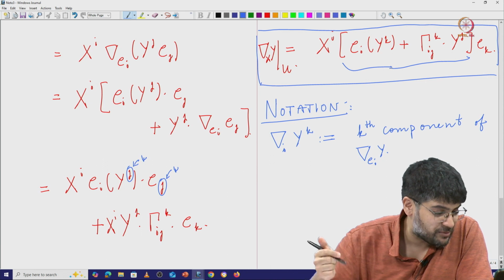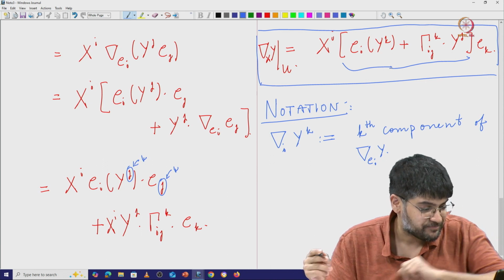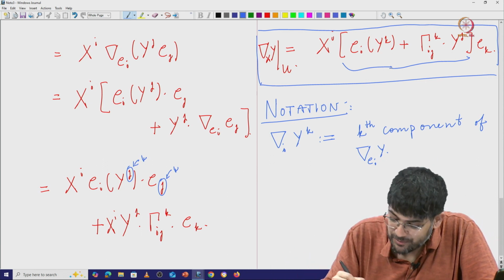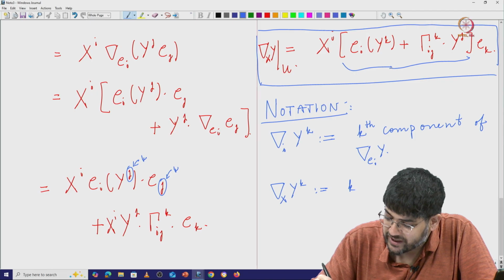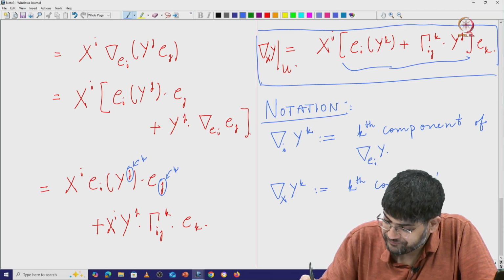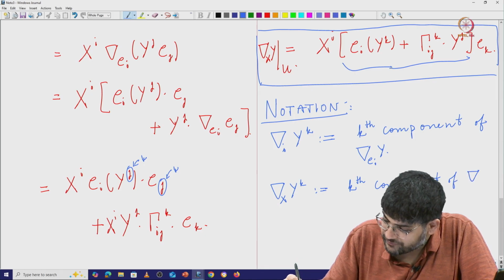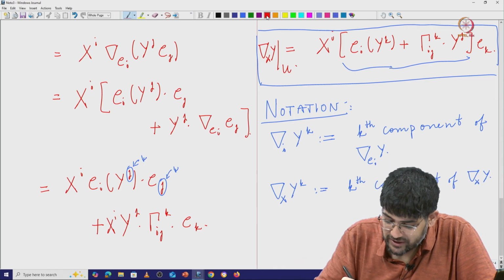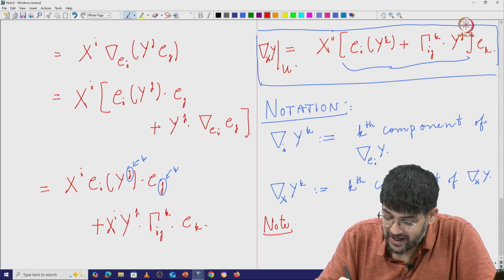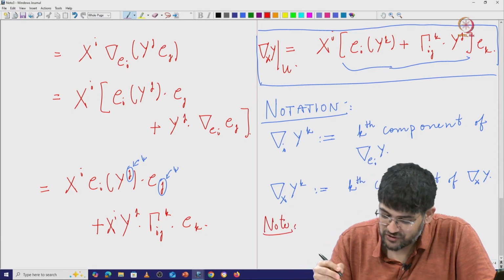Okay, so that's going to be my notation. And similarly, for any other vector field, this is basically by definition going to be the kth component of this.